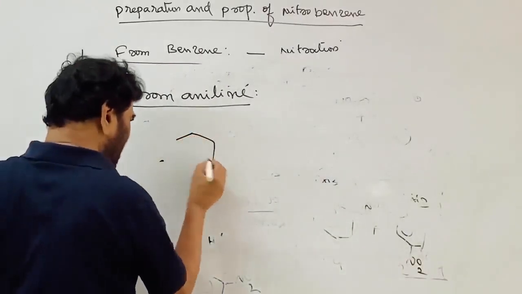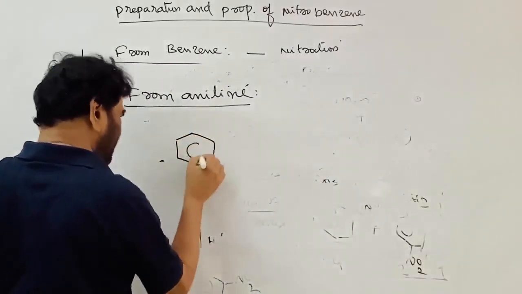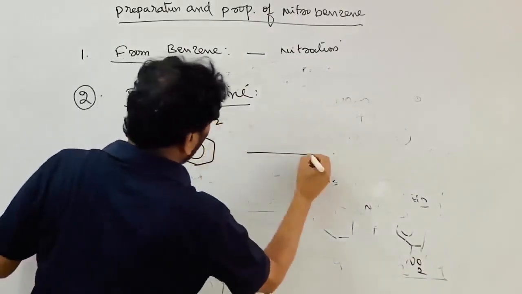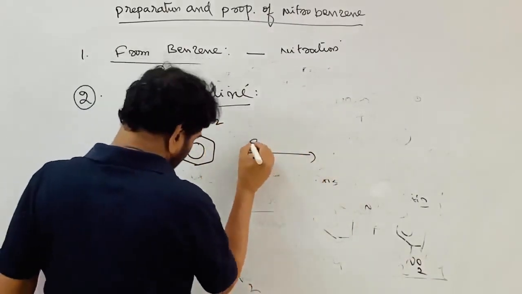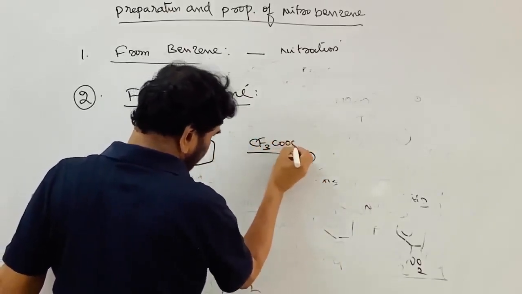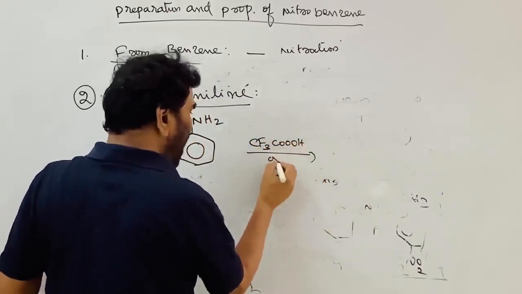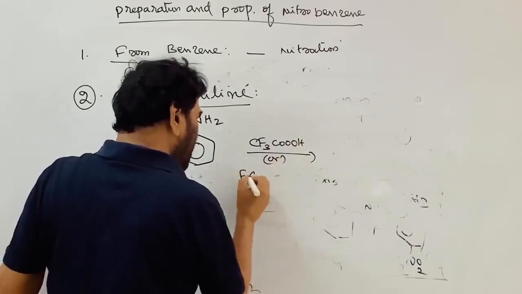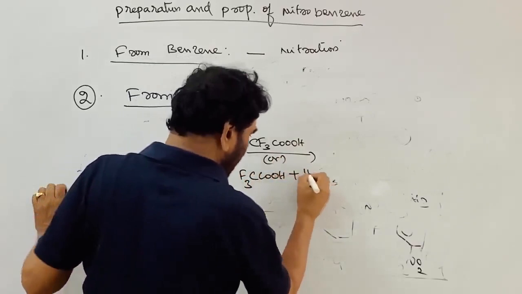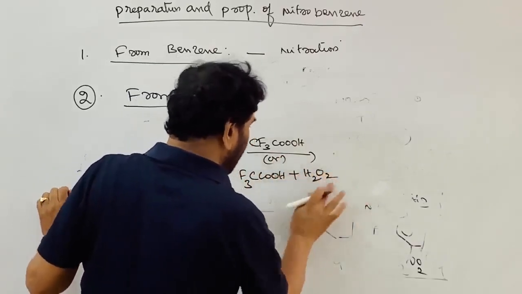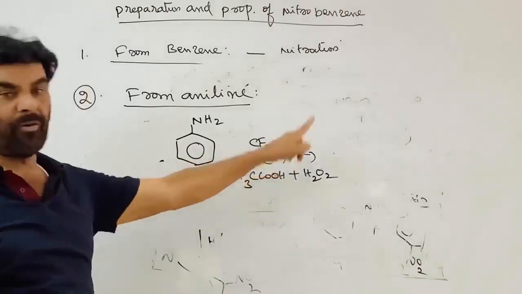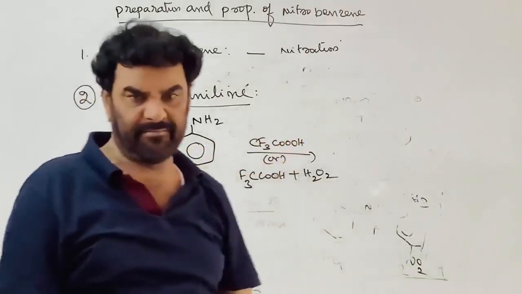See, a primary amine can be converted into the nitro compound by treating with trifluoroperoxyacetic acid, or it can be prepared from a mixture of trifluoroacetic acid plus hydrogen peroxide, which is equivalent to trifluoroperoxyacetic acid.